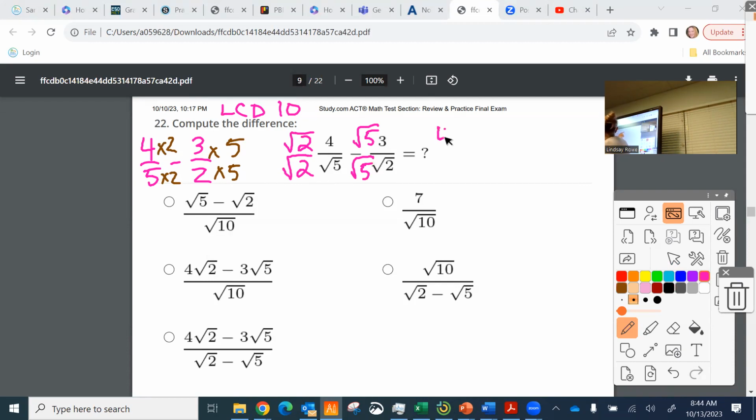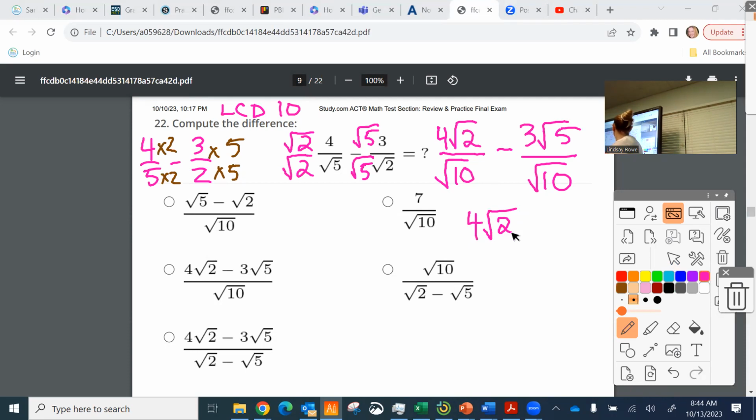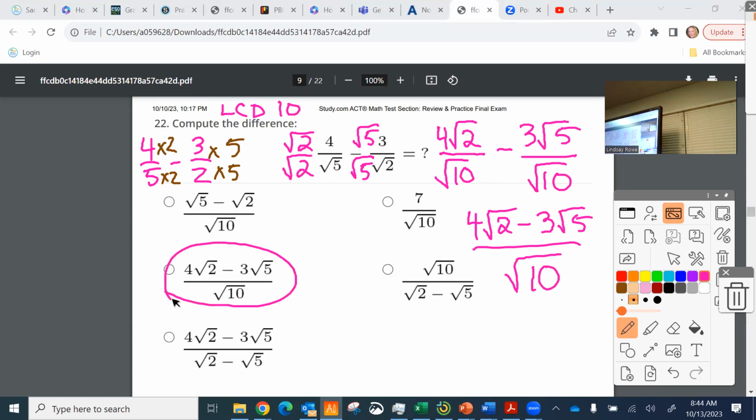So that's going to equal 4 times the square root of 2 divided by the square root of 10 minus 3 times the square root of 5 all over the square root of 10. And then in the numerator, I can't even combine those. Those aren't like terms. Okay, all over the square root of 10. So that is this answer right here.